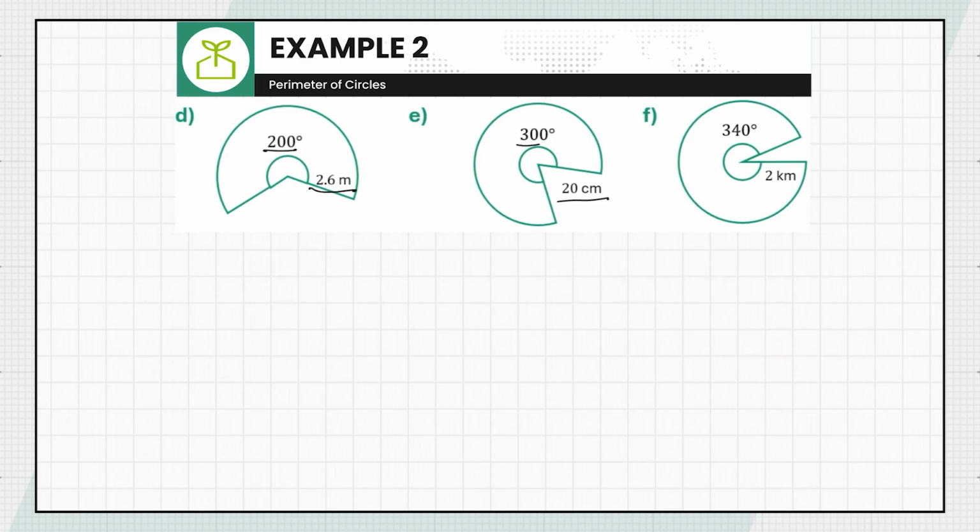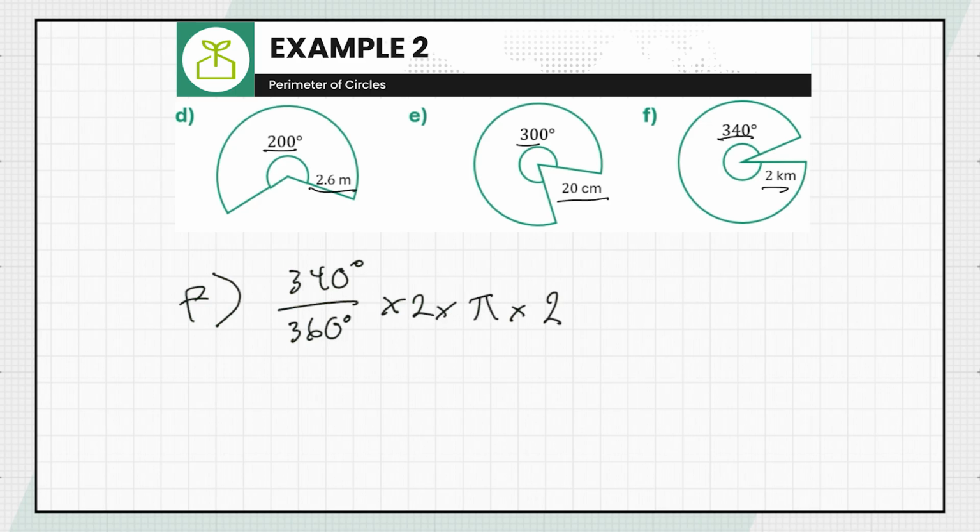Alright, and let's lastly look at F. For F, we have an angle of 340 degrees divided by 360 degrees multiplied by 2 multiplied by pi and multiplied by a radius of 2.